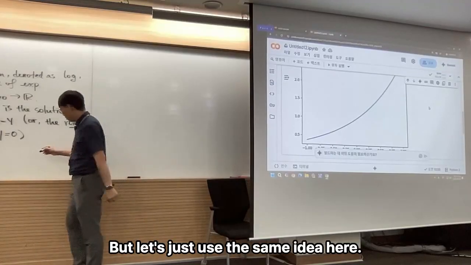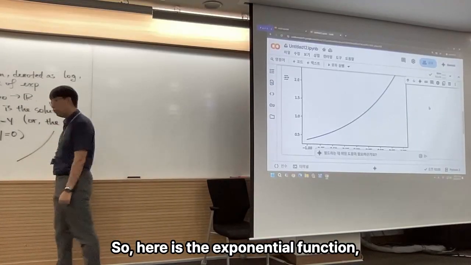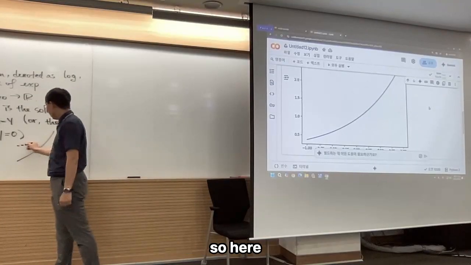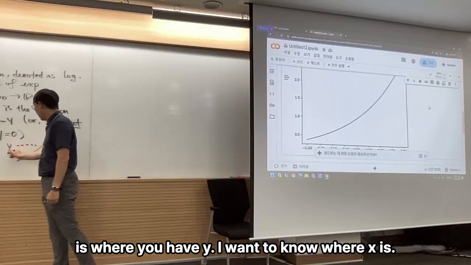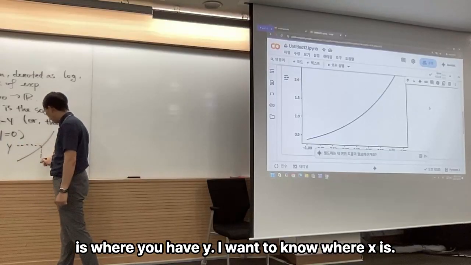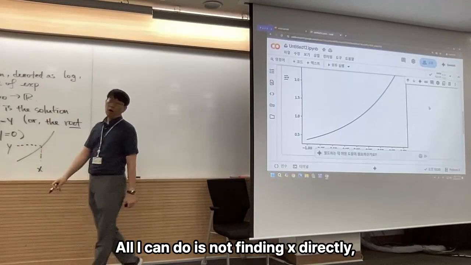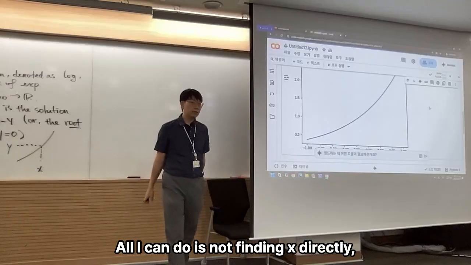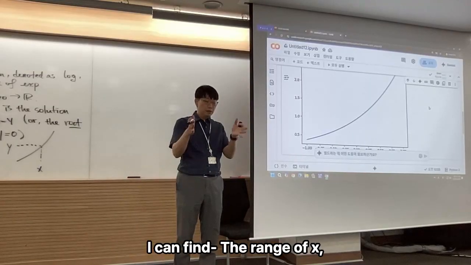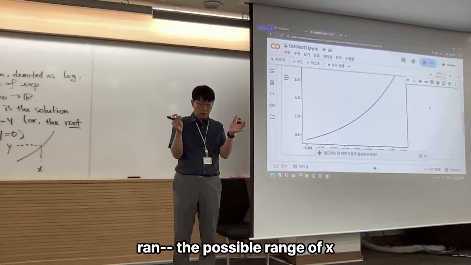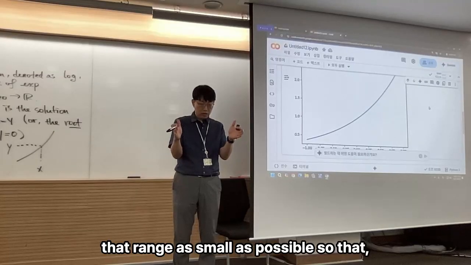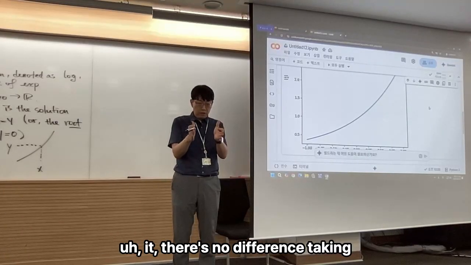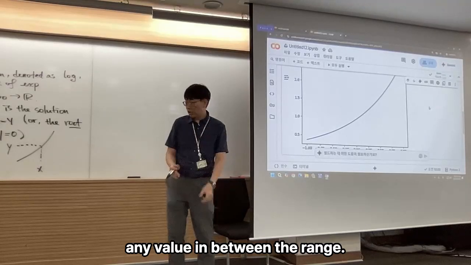But let's just use the same idea here. So here's the exponential function. So here is where you have y. I want to know where x is. All I can do is not finding x directly. I can find the possible range of x, and make that range as small as possible so that there's no difference taking any value in between the range.